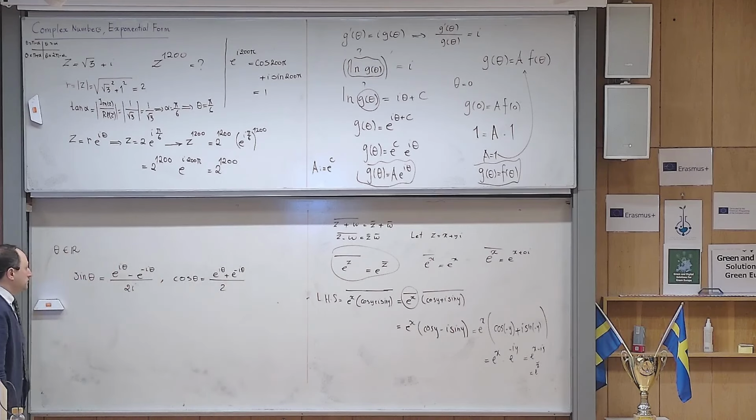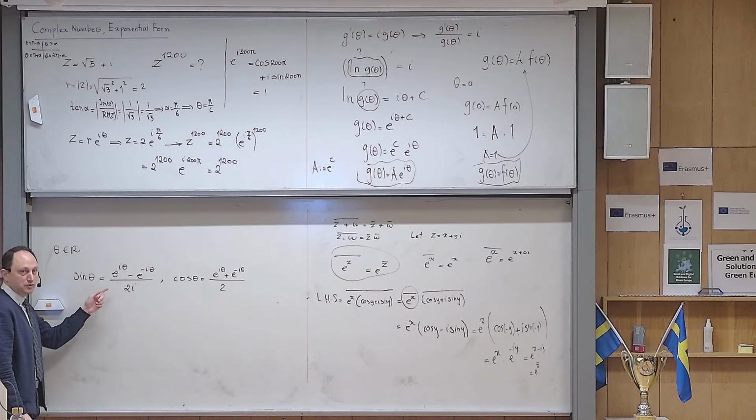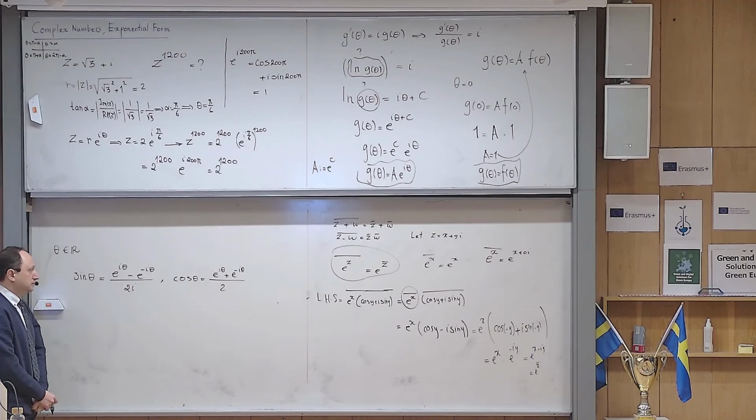These are very famous formulas in complex numbers. It helps you to write sine and cosine in terms of exponential functions. This is an exercise in the book, but in the book they have used the letter x. It doesn't matter. So let us prove one of them. You can prove the other one yourself. So let us prove this one.